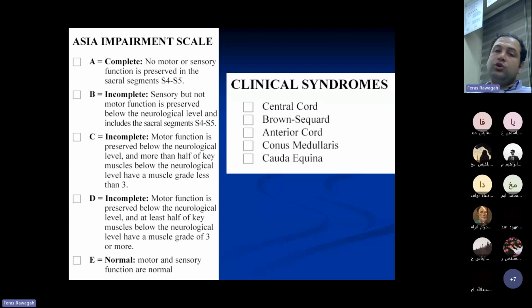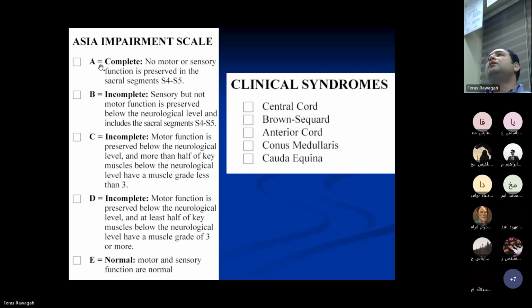After that, we should classify the patient according to the ASIA classification. ASIA classification is a classification for the severity of the injury. How is that? We have a classification from A to E: A, B, C, D, E.